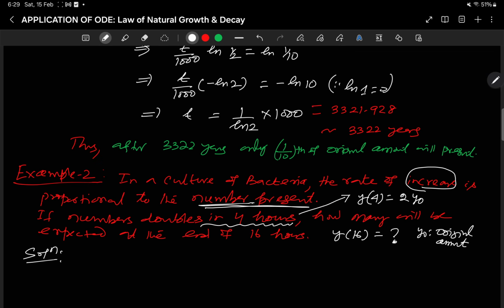Okay. So now here the growth. Let y of t be the amount of bacteria at any time t.